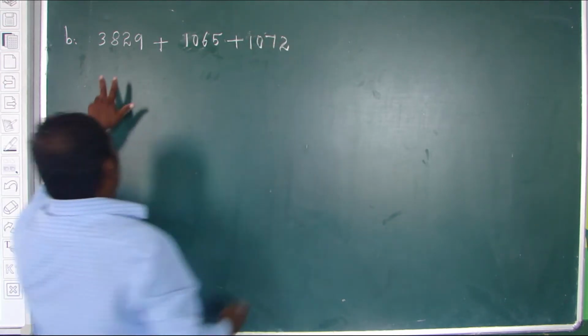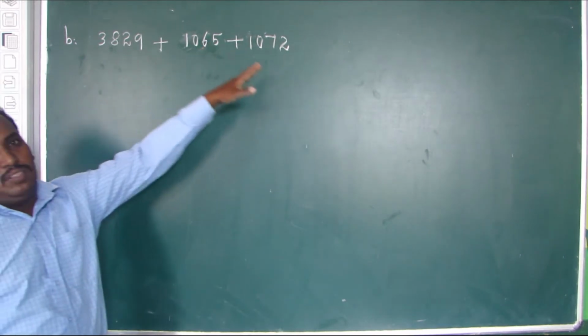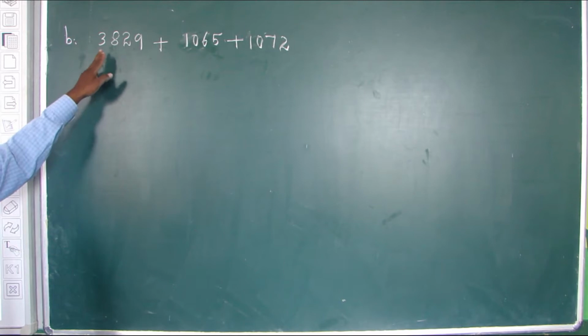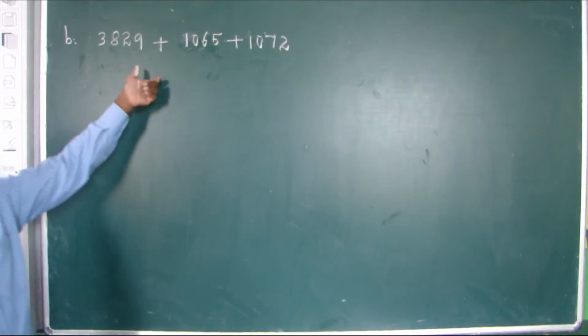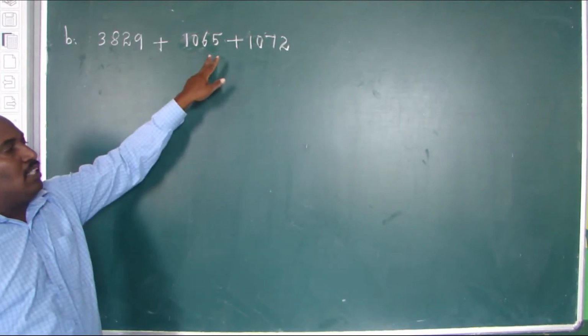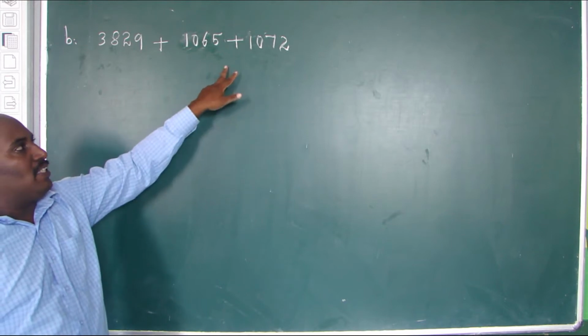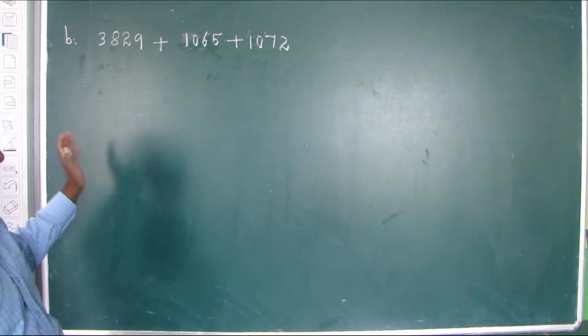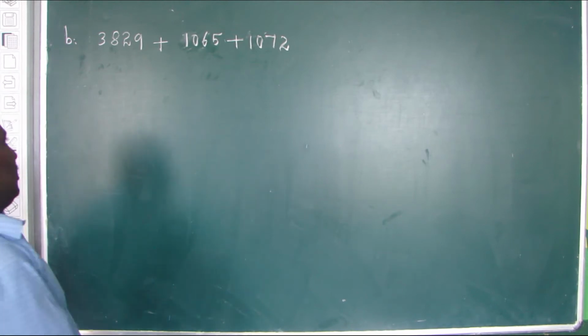Listen here. 1, 2, 3, 3 terms. The first one is 3,829 plus 1,065 plus 1,072. These are all 4-digit numbers. We add 3 4-digit numbers.